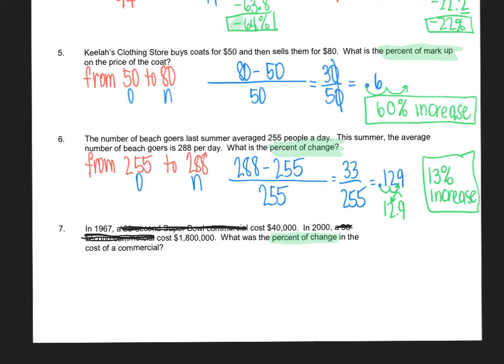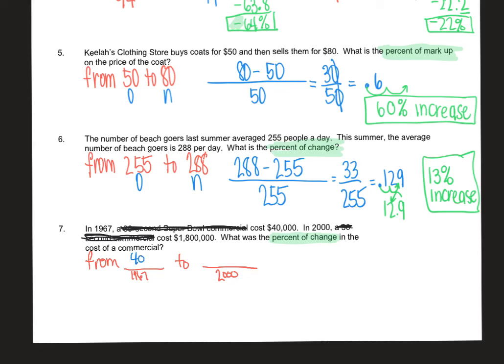Now, the years matter only because, again, if I want to write it from this to this, I want to go with the original or the older amount to the newer amount. So obviously the 1967 is going to go in that first slot, and the 2000 year is going to go in that second slot. So I can put them in.